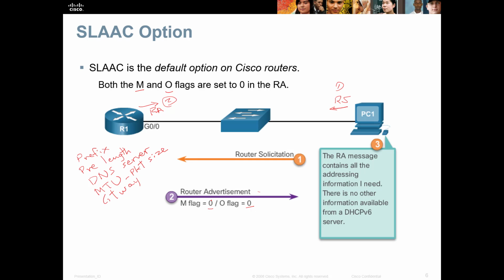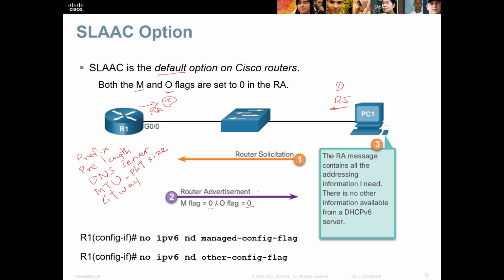All right. Now, this again is the default option in Cisco routers. But if the router got set up for some other purpose, in other words, these flags got messed with, you would have to go back and reset them. So this is the basic command that says, I want a managed, so that's the M flag, or I want an other configuration.